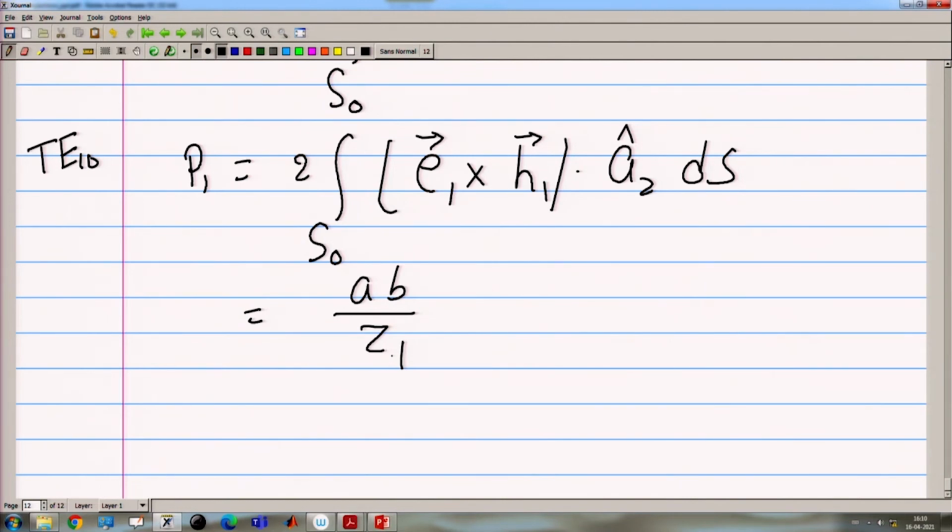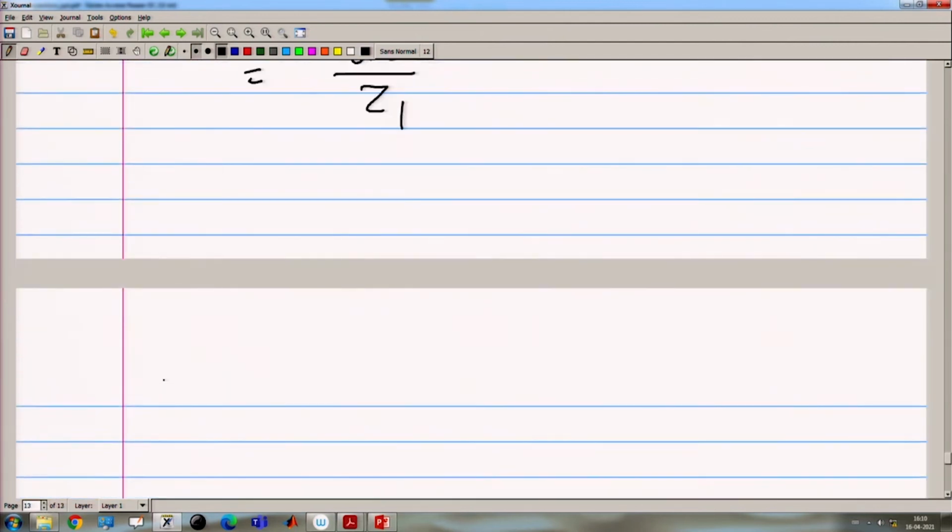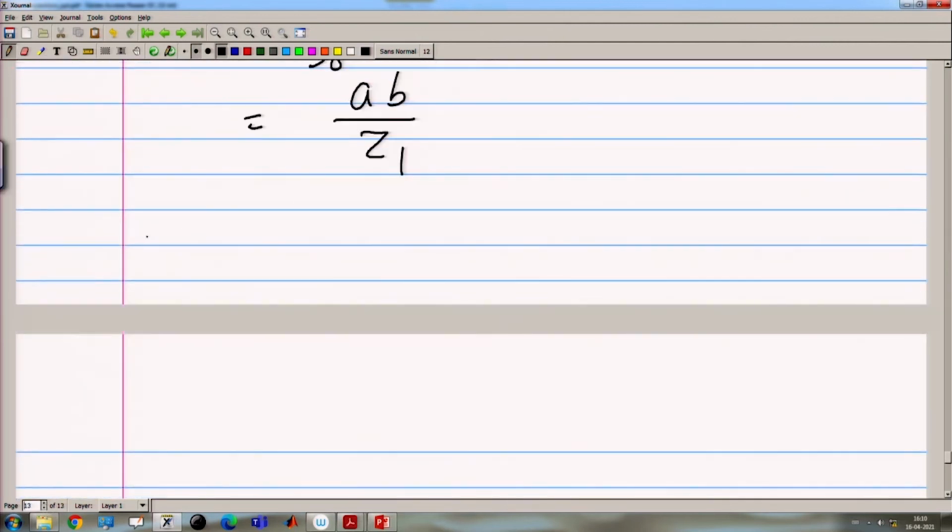Now, the amplitude of the positive traveling wave, that will be A1 plus for the T10 mode.